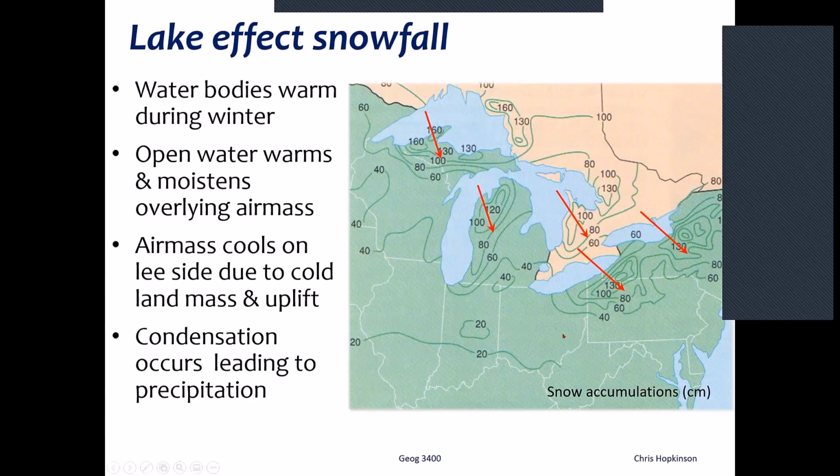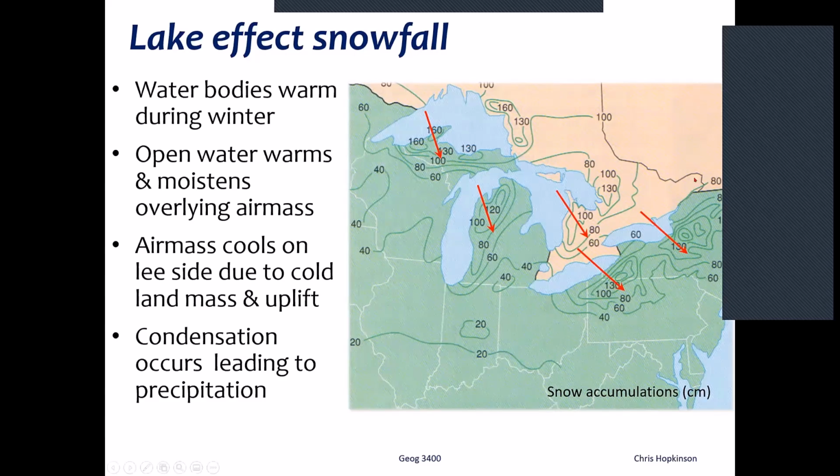Now, these lakes, I believe, can get largely covered with ice in some locations and for some times, but it would be very rare that the entire lake would be ice covered because there's so much thermal energy in those environments. So for a large portion of the winter at least, they do remain ice free, and they're relatively warm compared to the air mass above them, and so they send moisture into the air mass.